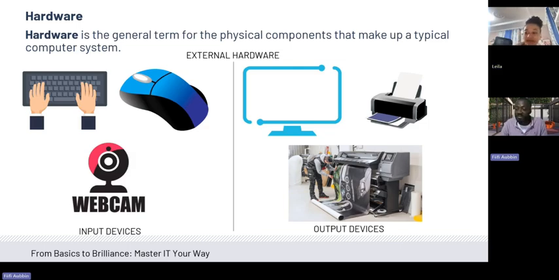The keyboard. Okay, so keyboard is one. Mouse. Mouse is two. Monitor. Okay, monitor. The system unit. System unit. Good. Next. What else is there?